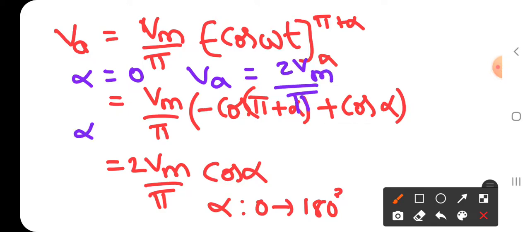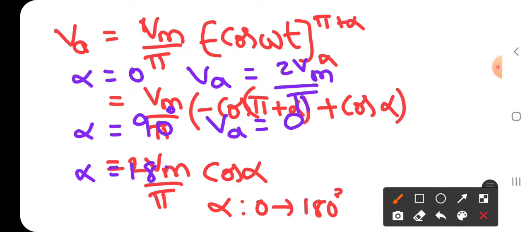When alpha is equal to 90 degrees, then Va is equal to 0, because cos 90 is 0. And when alpha is equal to 180 degrees, Va is equal to minus 2 Vm by pi.